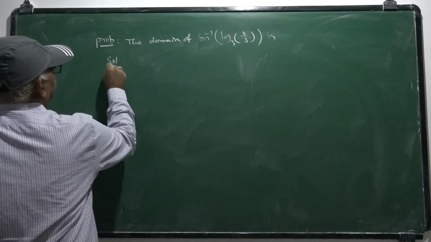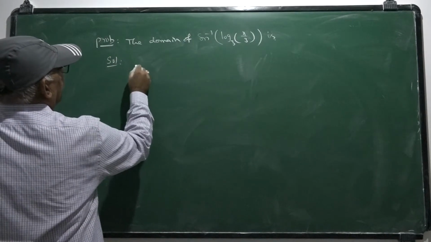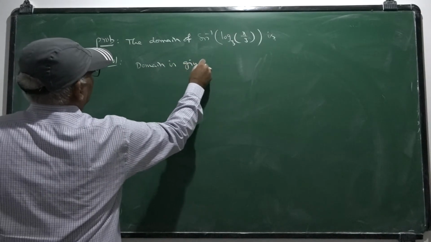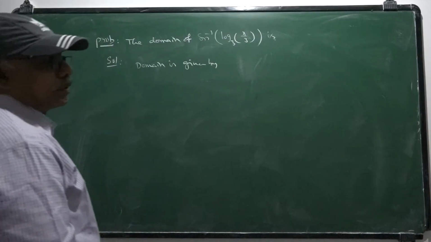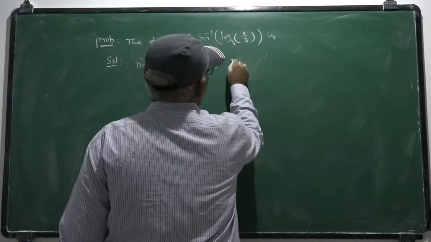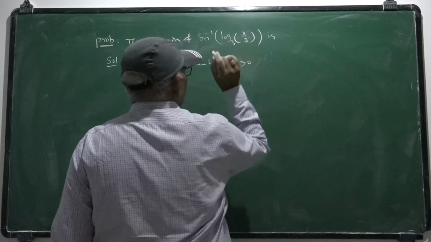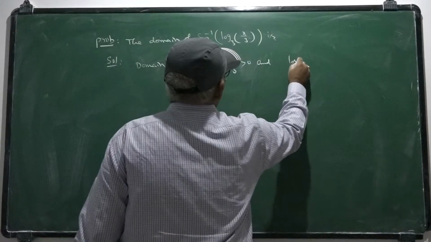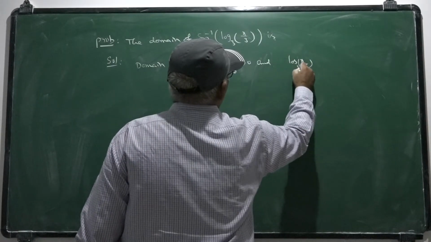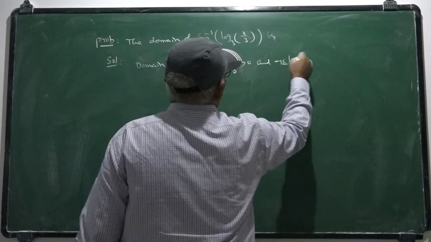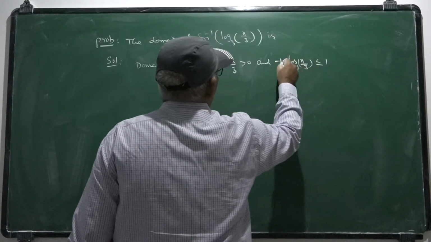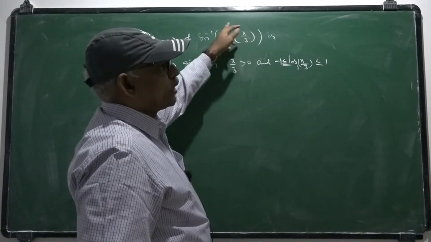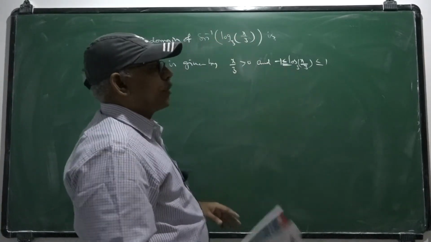So, the domain of the function is given by: the logarithmic function is applicable to positive reals, and the sine inverse function is defined only for values that lie between -1 and 1, once you assume the log function as the argument.